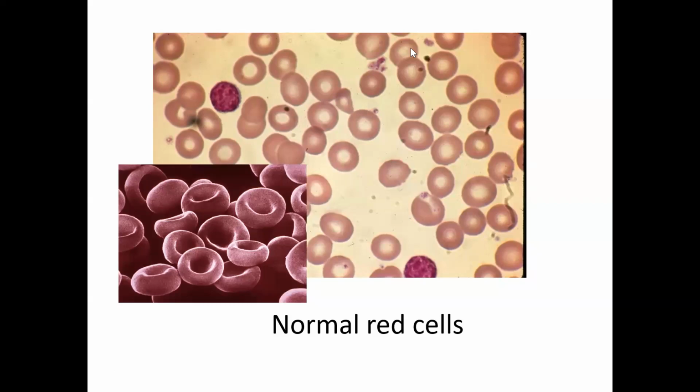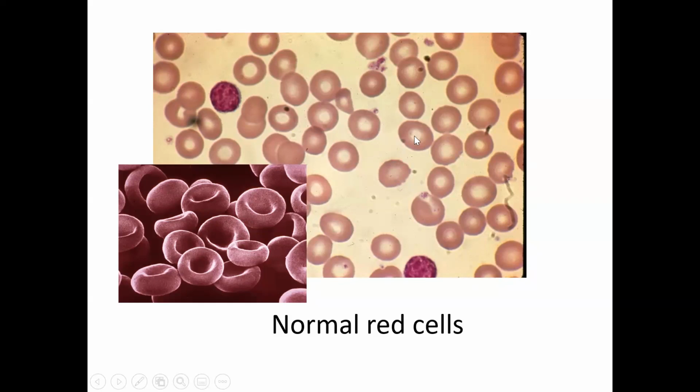And what you can see when you're looking at the red cells on a stained film is this area which looks pale. This is the area of central pallor. And this area of central pallor is there because this cell is biconcave. You can see there is less hemoglobin as compared to the periphery.